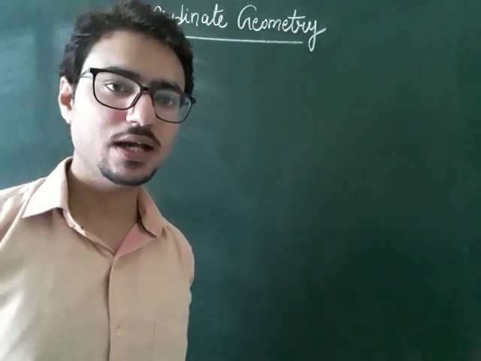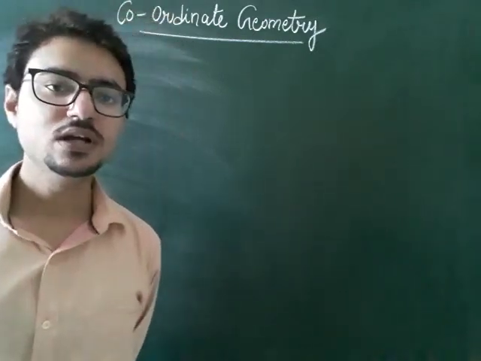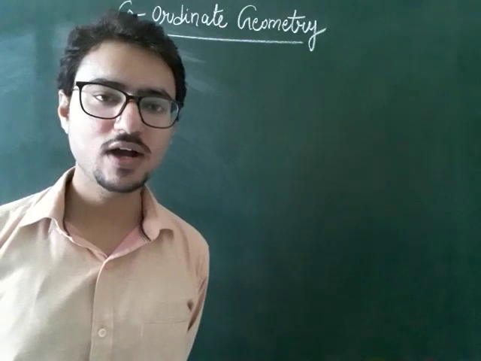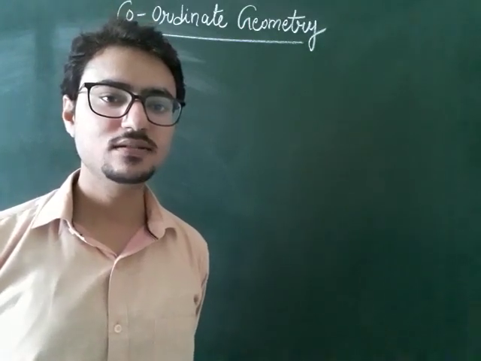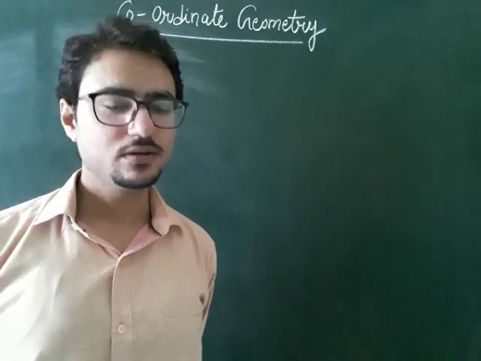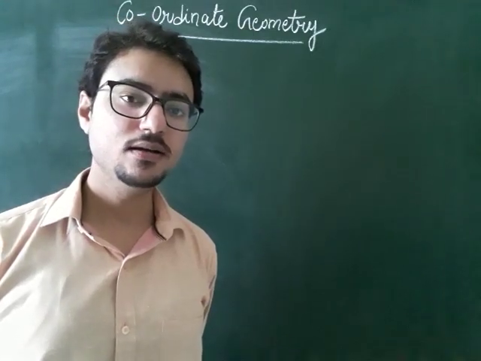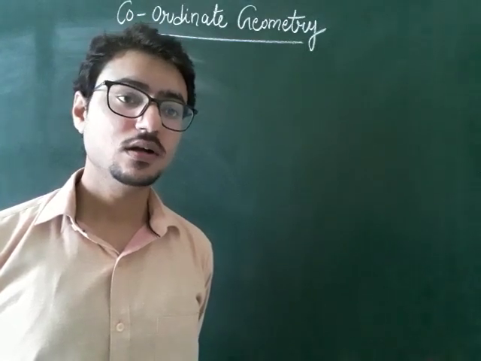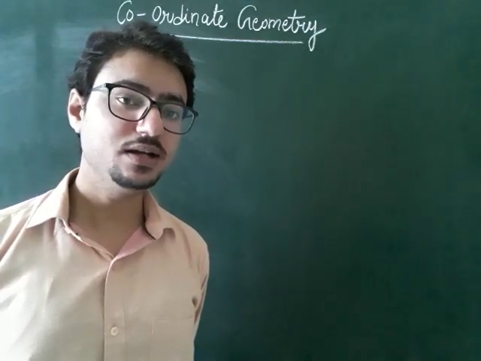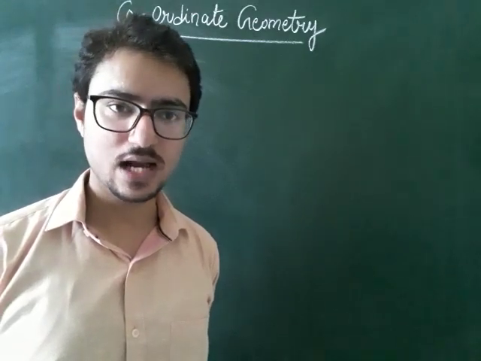In order to find the location of any object exactly, we need to have two values, or we can say we need to have two dimensions. We will understand the meaning of coordinate geometry in this chapter in a proper way and in detail. So, let's start our today's class.